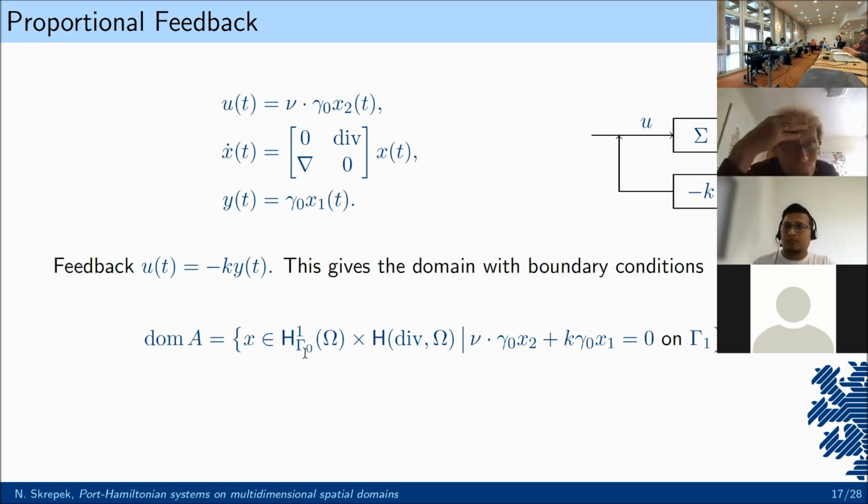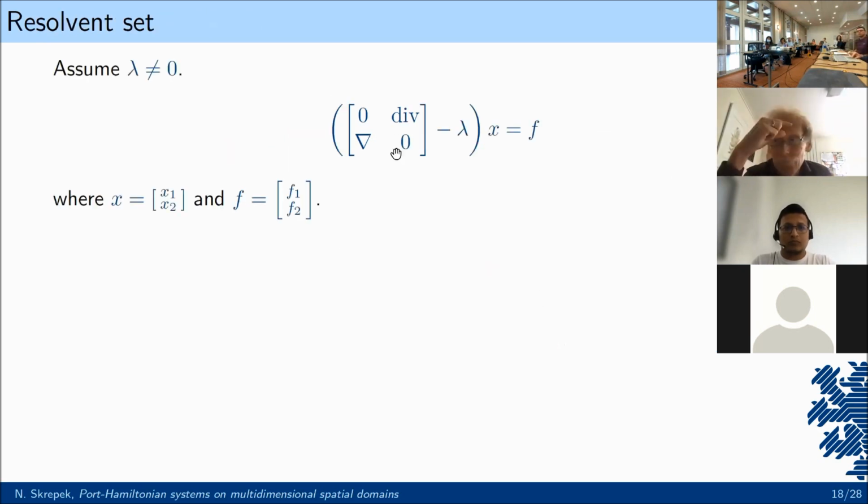Okay, and now to check whether this is a stable system or the feedback is stabilizing, we do spectral analysis. So we calculate the resolvent set, and we assume that we have a non-zero lambda, and then we have to check whether we can solve this equation. We split our variables with respect to this block form, and then we have these two equations.